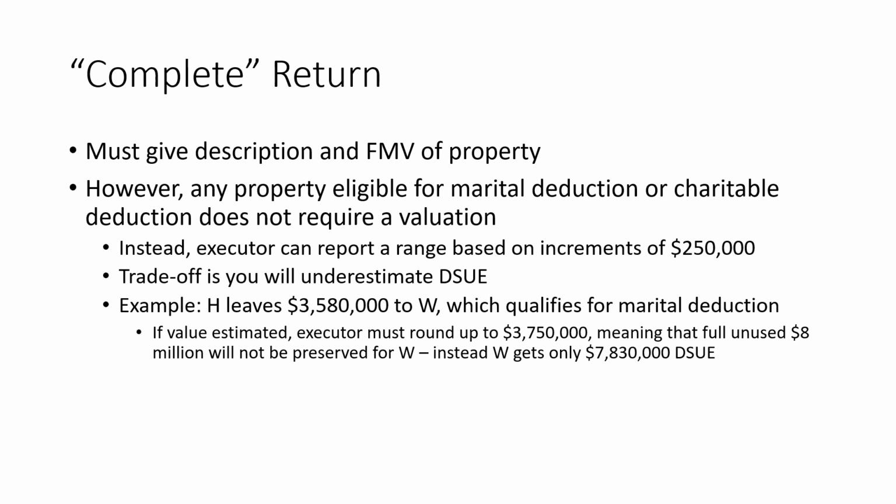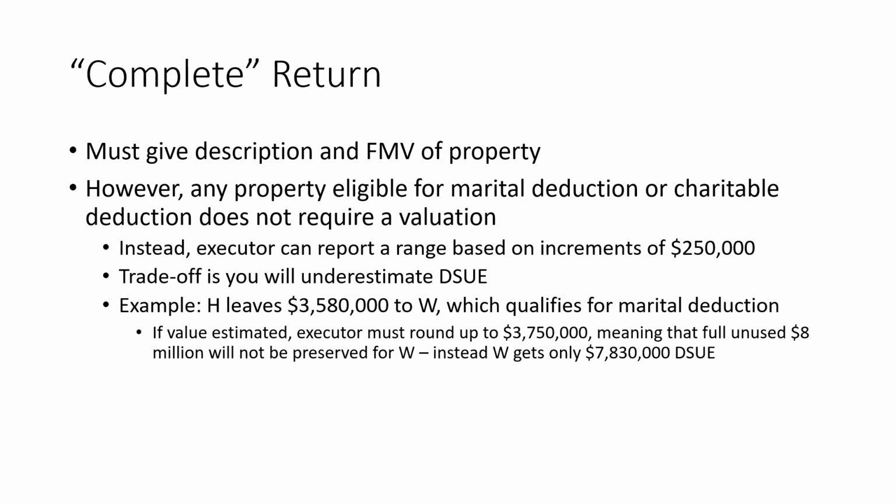Now, the trade-off for doing so is that you will underestimate the unused exclusion that's left to the deceased spouse. So an example would be, maybe we have H who leaves $3.58 million to W, and that $3.58 million qualifies for the marital deduction. Now, on paper, H has $8 million of unused exclusion.